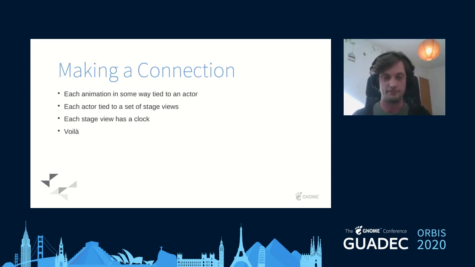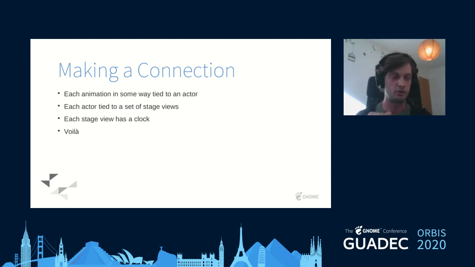Next slide. So we would have to make a connection. Each of the animations would be driven by a Clutter object called a timeline or a transition. We already have these objects, so if we tie one of these objects to an actor, a widget on the stage, for example, a window or a button or a menu or something like that, we would tie an animation to an actor.